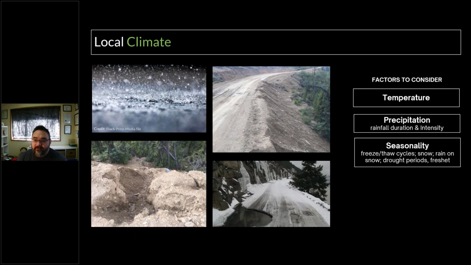And then things like snow. How much snow am I going to have? Am I going to have drifts? Am I going to have big snow banks that have wildlife impacts? And then the impact of the cold climate on fills, in the top right picture there. If you've got a fine-grained fill, you're going to get freeze-thaw that's going to impact the stability of your fill slope.